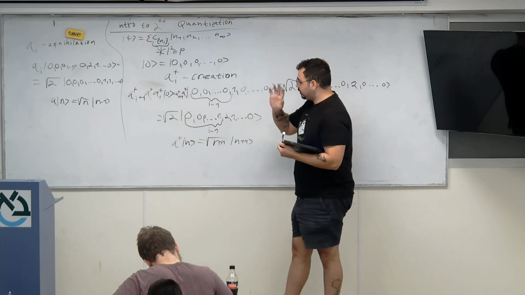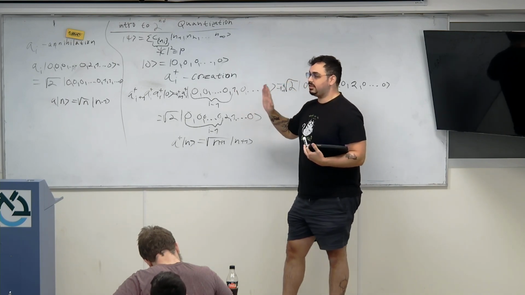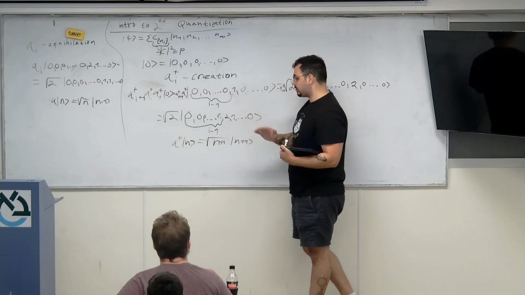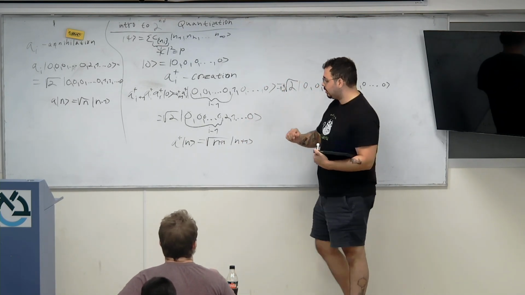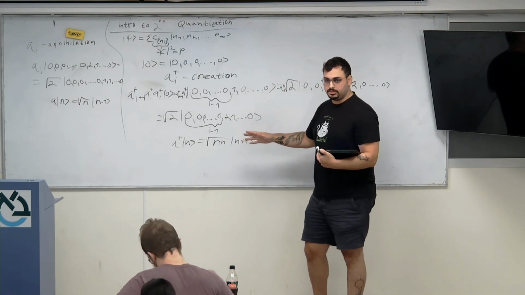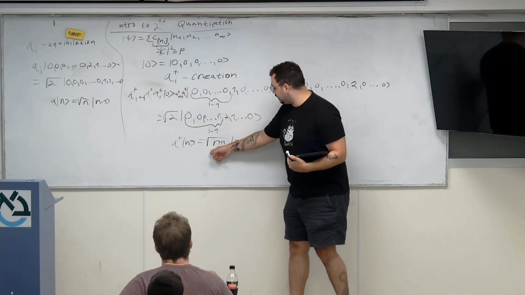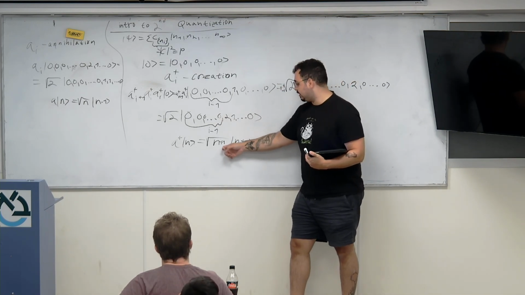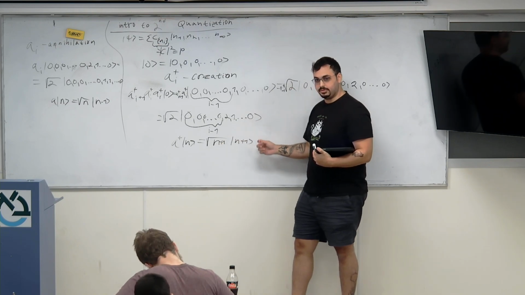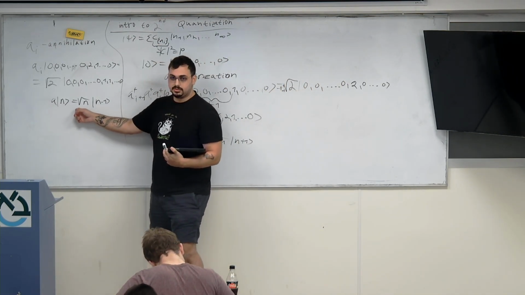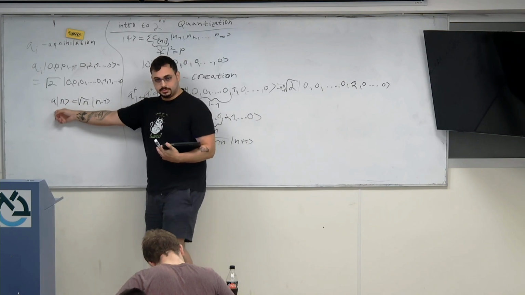We can already see a few things by just looking at these two operators. First of all, they're not really symmetrical. Doing a dagger a doesn't equal doing a a dagger, because here we have n plus 1. This is the normalization factor that corresponds to the output state. And this has only a square root of n, which corresponds to the input state.